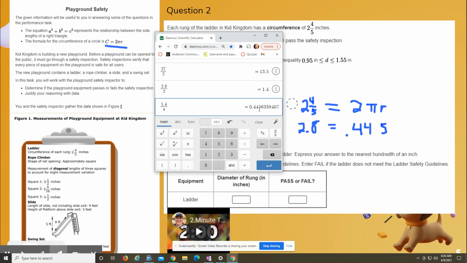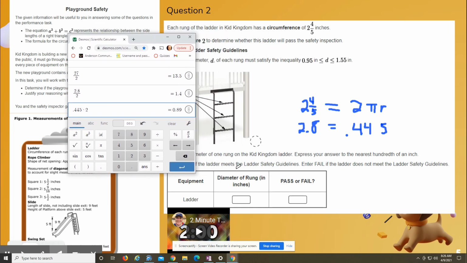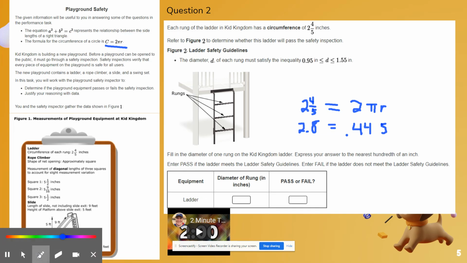Once I know that, I'm going to estimate it as 0.445. And then the diameter would be twice that, so I'm going to multiply by 2. It gives me 0.89. So we're going to say that the diameter is 0.89, and that's what we would put here.